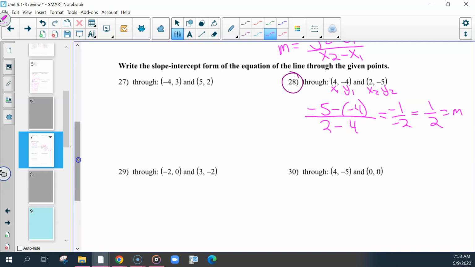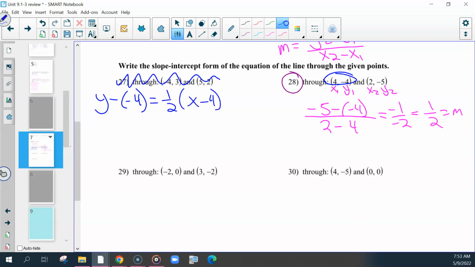And then you could choose either of these points to put in point slope, but don't do both. And don't mix them. Whichever x you start with, use that same y value, and vice versa. So I'm going to start with the first one. So this would be y minus negative 4 equals 1/2 times x minus 4. In this case, you can distribute and change the negative to a plus at the same time.